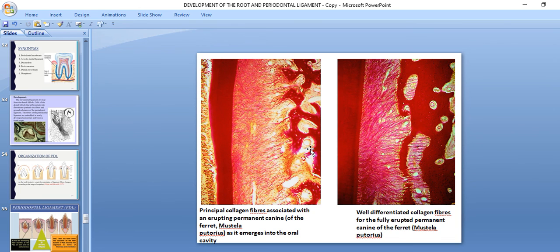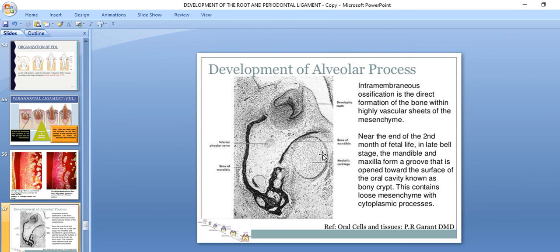And here you can see the collagen fibers for the erupting permanent canine of a ferret, and in this permanent canine tooth, the collagen fibers are not as well organized in thickness and orientation as those for the fully erupted tooth, which is illustrated here.